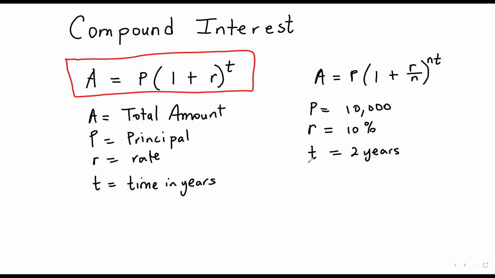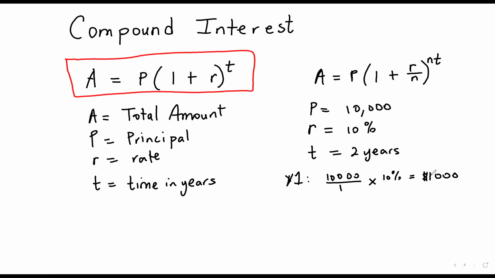But with compound interest, interest is calculated at the end of each year. So for year one, you would have 10% of 10,000, which is $1,000. And this would be the amount of interest for year one.